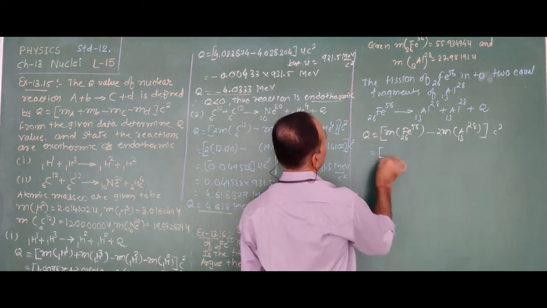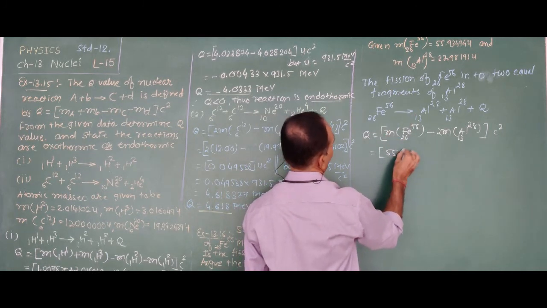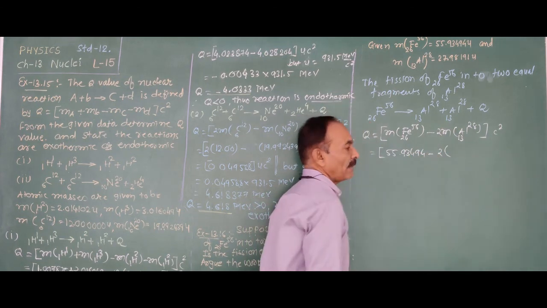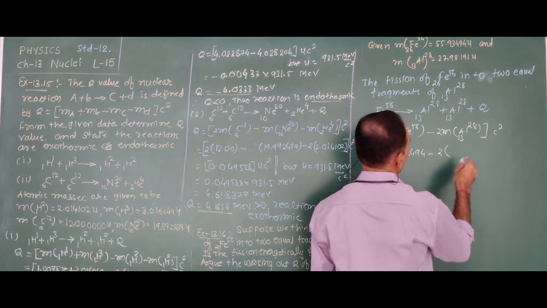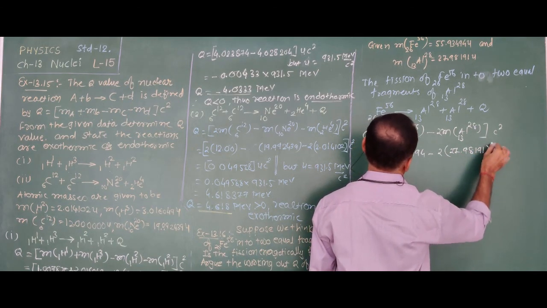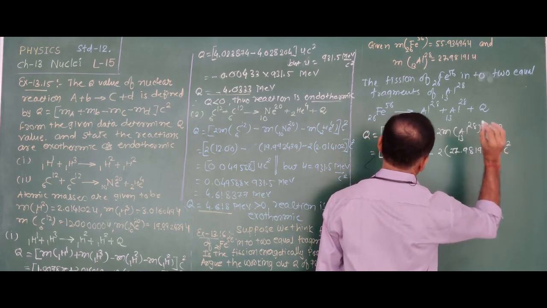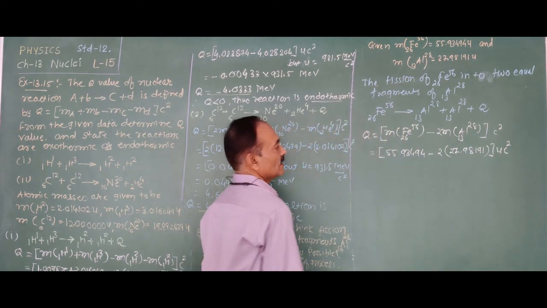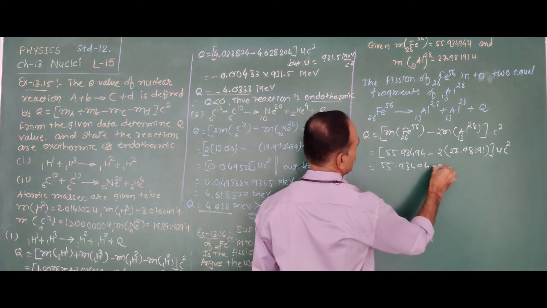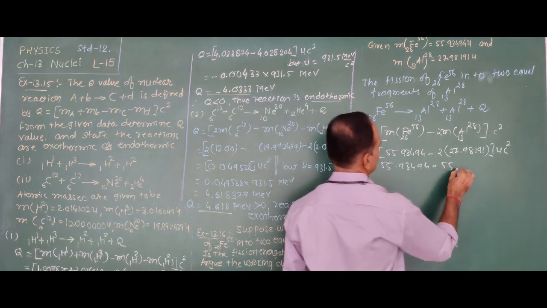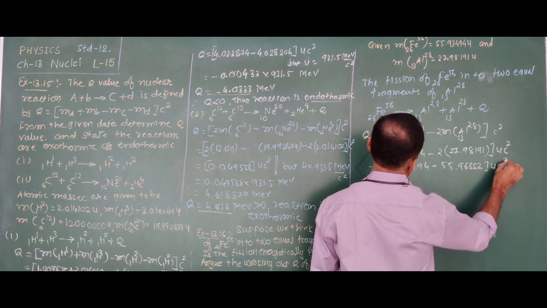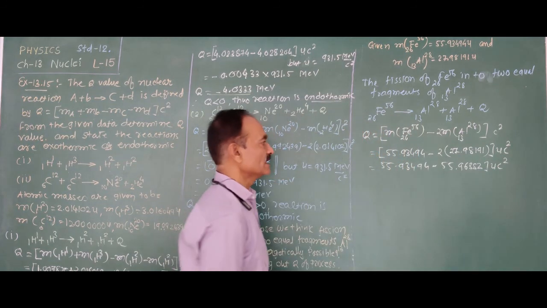Mass of the Fe is given 55.93494 minus twice the mass of aluminum 27.98191, that much atomic mass unit into C square. So 55.93494 minus 55.96382 into atomic mass unit into C square.